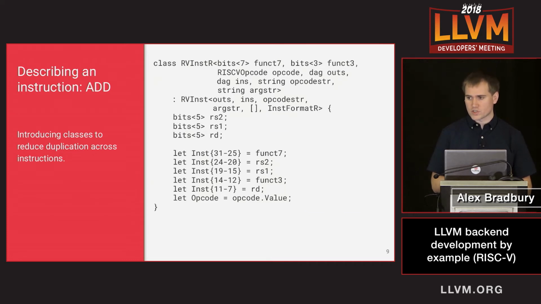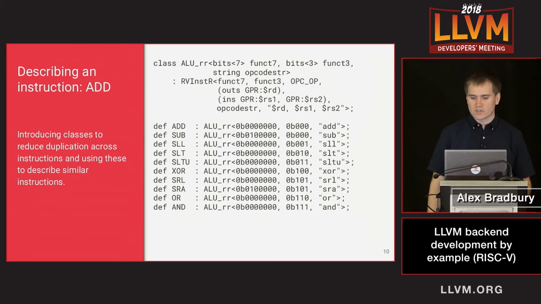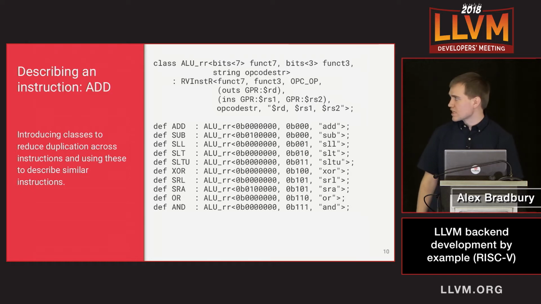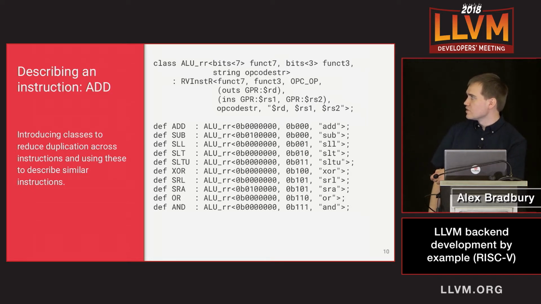There are a whole bunch of instructions which have this form, where you have one destination register and two input registers, and we can have a class which describes what they look like, and therefore we don't need to repeat this for every definition. We can even define another class which defines the case of an ALU type operation and reduce duplication substantially.